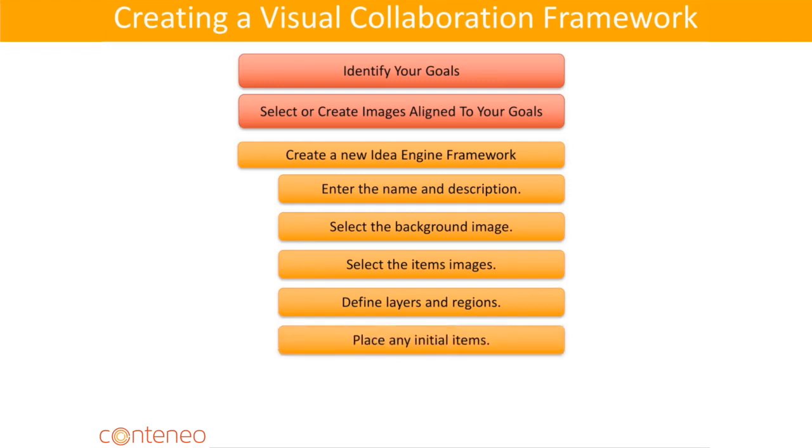And finally, I'm going to go ahead and place any initial items. Now, as typical, if the framework is being used to solicit ideas, you won't have any initial items. If the framework is being used to get feedback on existing ideas, you're going to put those existing ideas into the framework for your participants. Once I do all these things, I've got a framework and I'm ready to go.